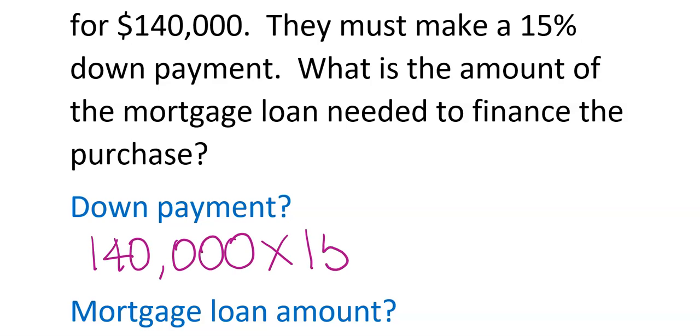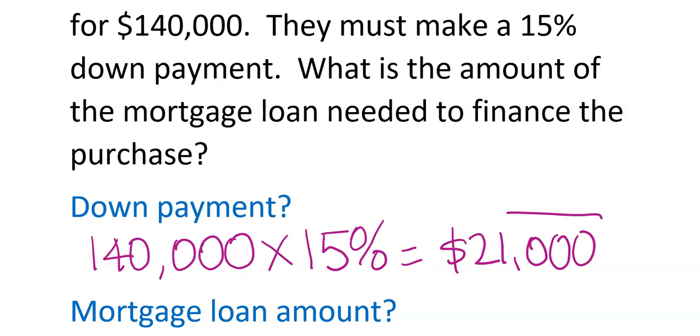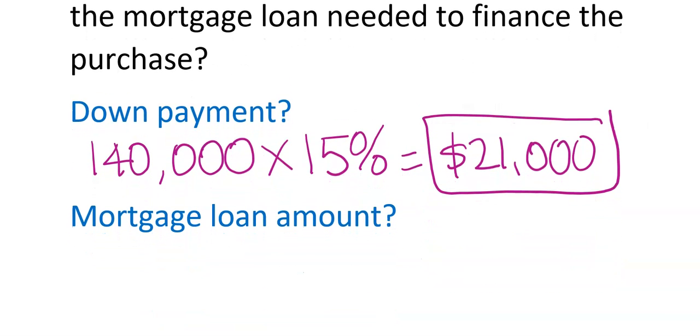times your down payment percentage, and you'll multiply. $21,000. To find out how much the loan amount is, you subtract the two.